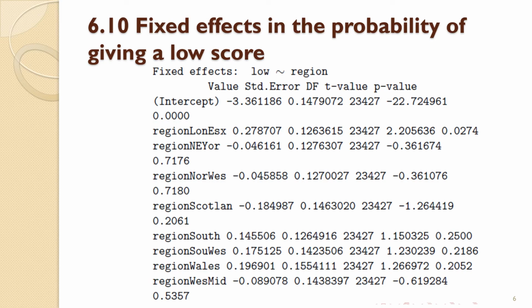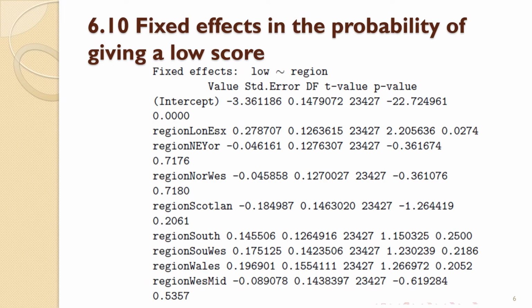So for the North East Yorkshire region the p-value is 0.7176. For the Northwest region the p-value is 0.7180, but how the output is produced by R, the p-value is in the very last column of the row, and we're just wanting to know here for which regions is this p-value less than 0.05. Well, again, the only region that has a significant effect is the London-Essex region.